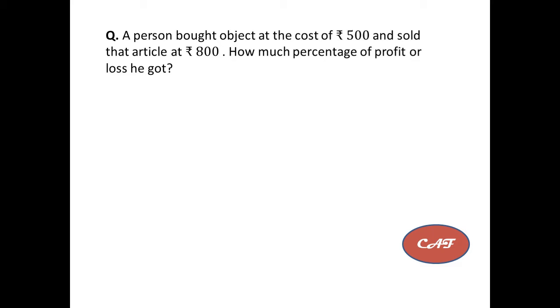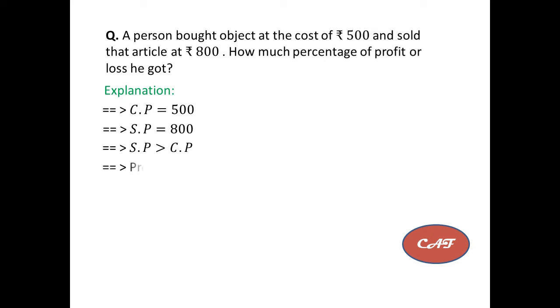A person bought an object at the cost of 500 and sold that article at 800 rupees. What percentage of profit or loss did he get? Same thing. Here cost price is 500 only. SP is equal to 800. Here SP is more than CP, so he will get profit.